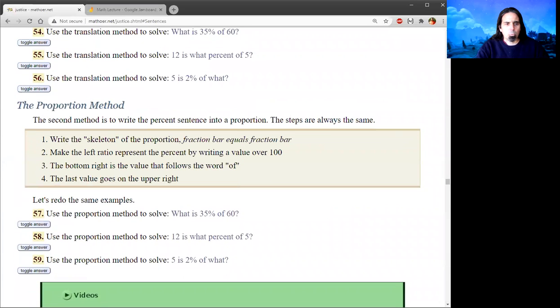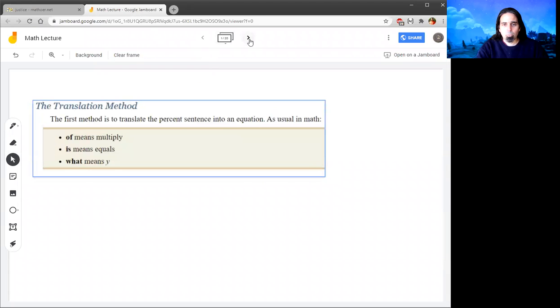And then there's the proportion method, where you take the percentage and write it as a fraction, some number over 100, and then use the rest of the percent sentence to set up the other side of the proportion.